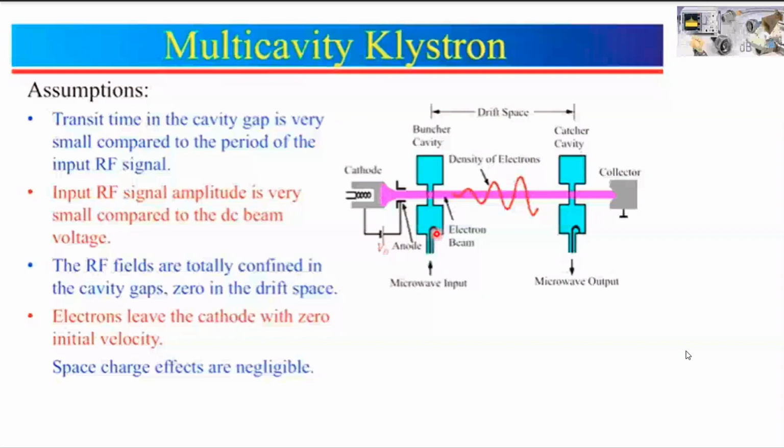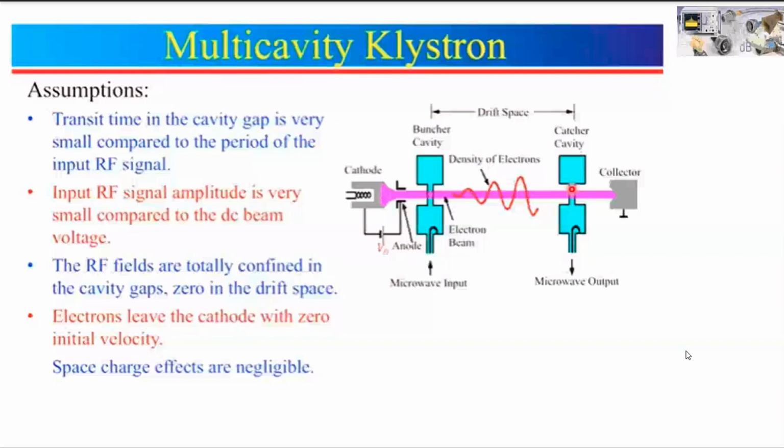Because of this bunch formation, the density of electrons in the catcher cavity varies periodically with time. All the electrons coming here will be collected here, varying periodically with time. That means the electron beam contains AC current, which is known as current modulation.